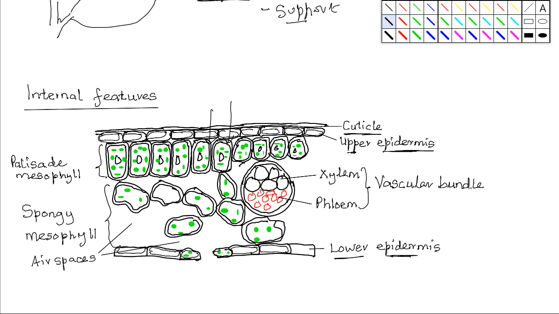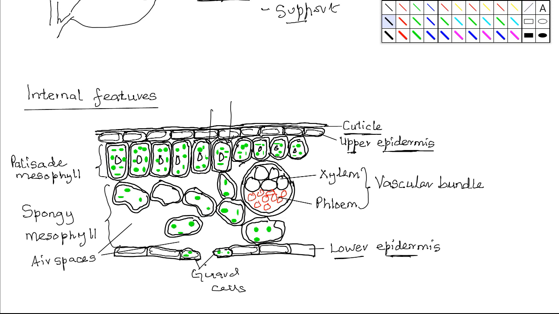These guard cells also have chloroplasts in them, hence they are also photosynthetic. It is through these stomata on the epidermis that carbon dioxide from the atmosphere diffuses into the leaf, while oxygen, that is a product of photosynthesis, diffuses out of the leaf.